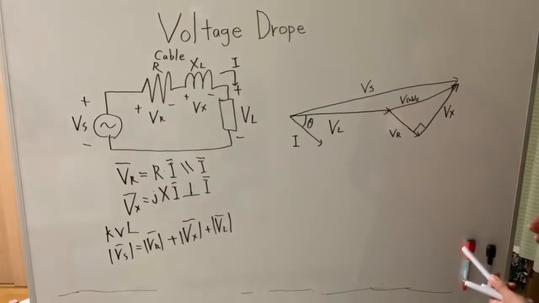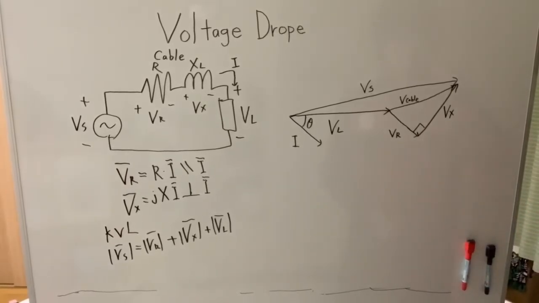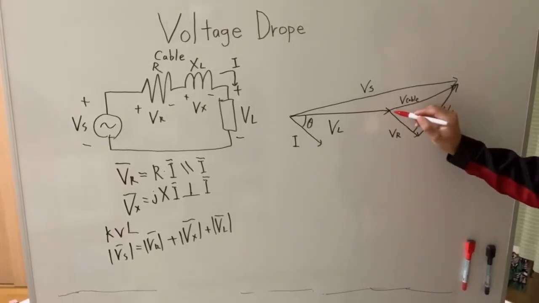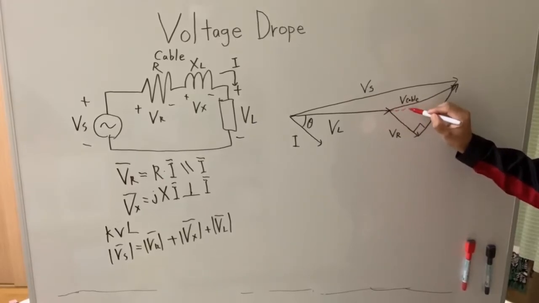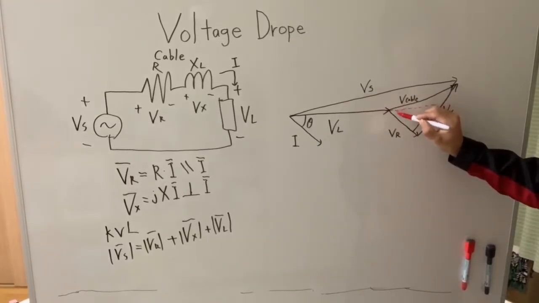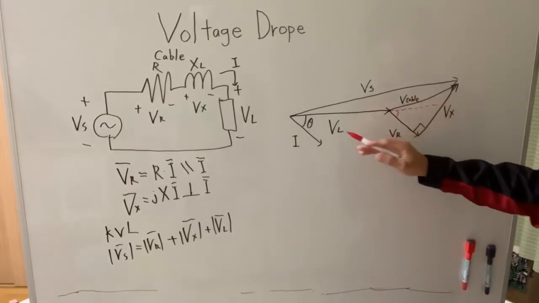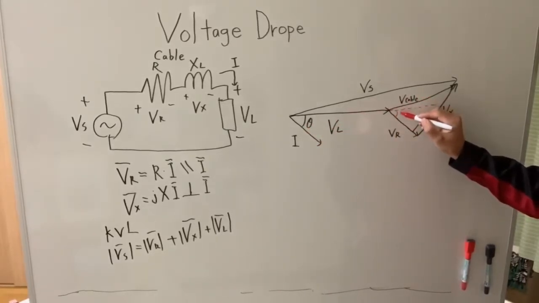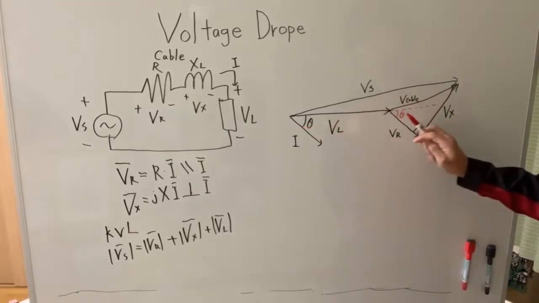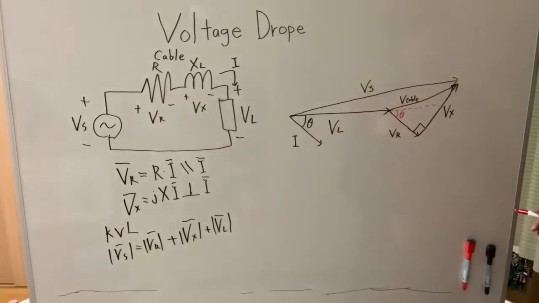So how exactly do we calculate voltage drop from this equation? Alright, so let's go step by step. Here, how about this angle? Of course, it's theta, as parallel lines.